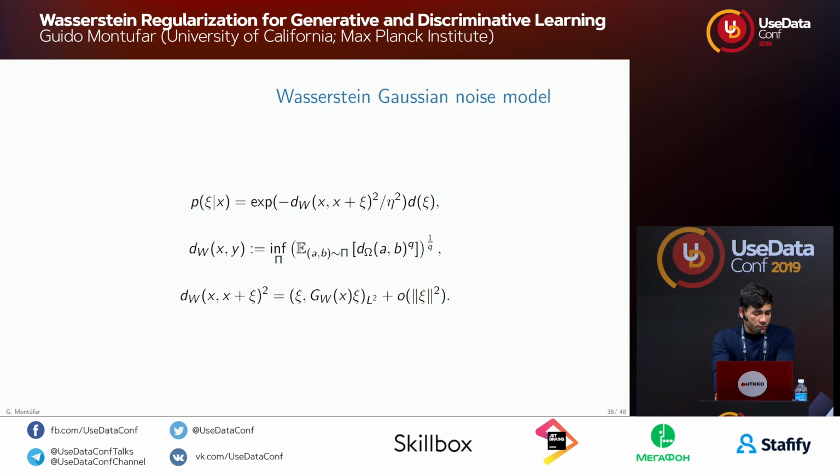So we define a Wasserstein Gaussian noise model that depends on the particular inputs. And for each given input, we perturb it with noise from that model. The particular way in which this is constructed is that we have a covariance matrix that is reflective of this Wasserstein metric.